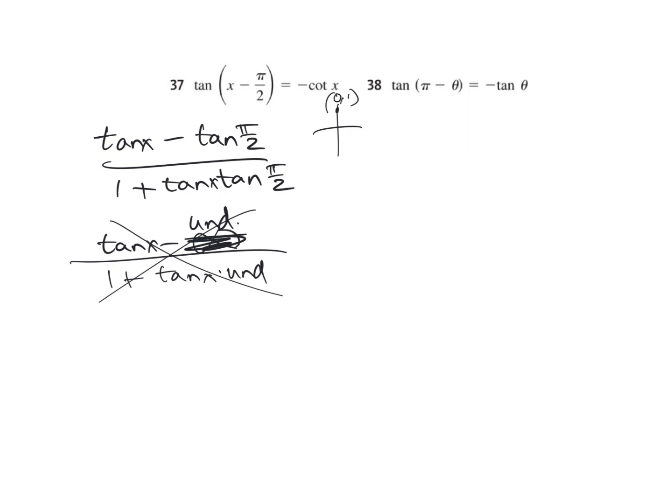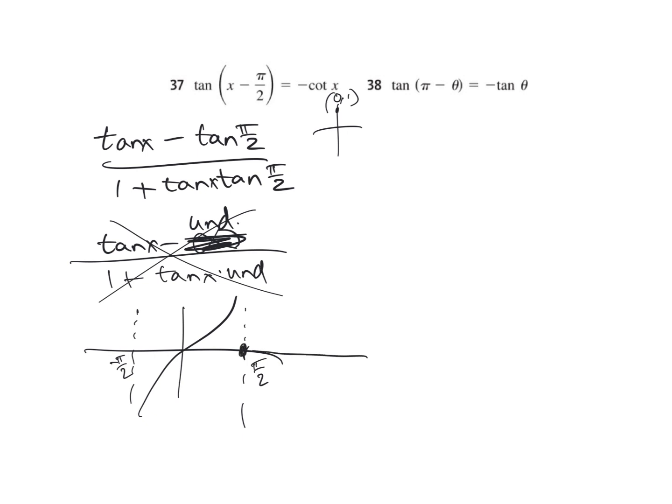So the question is, how is it equal to negative cotangent of x? Okay, so the cotangent of x is x over y. Okay, so if we look at our graphs, negative pi over 2, pi over 2, so we see that the tangent is undefined at pi over 2.